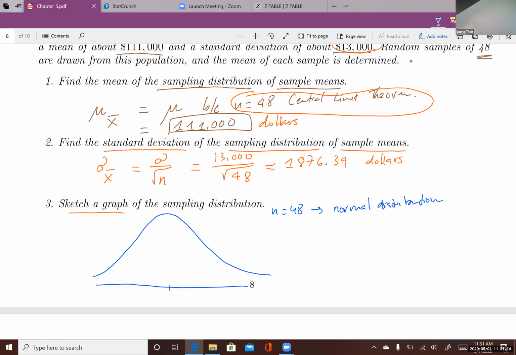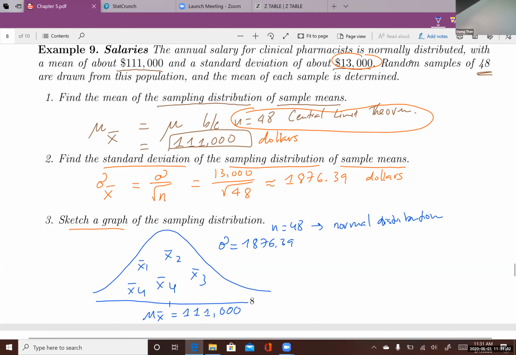You know the mean is $111,000, and the standard deviation is about $1,876.39. So this is the sampling distribution of the sample means of samples of size 48 that you drew from the population of annual salaries for clinical pharmacists.